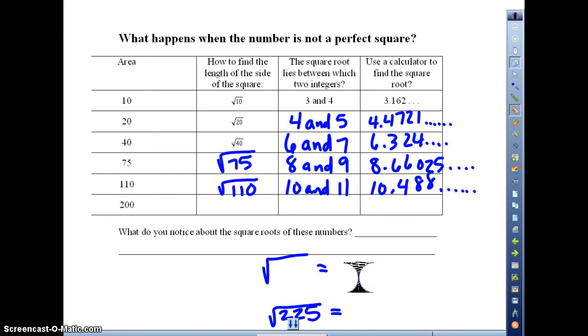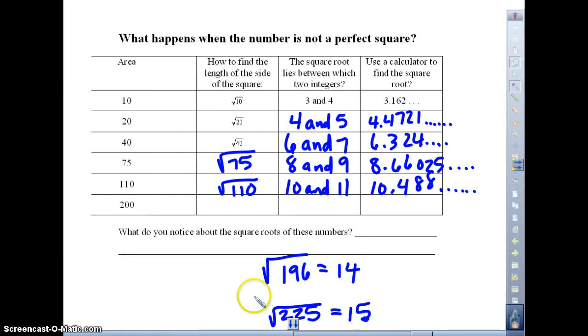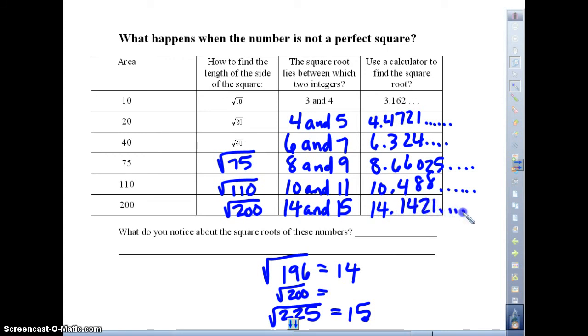Let's switch those around. 196 is 14. 225 is 15. So the square root of 200 has to fall between those two, right? So it's going to fall between 14 and 15. And I'm going to punch it in my calculator, and I get 14.14213562, on and on and on, and it never does what?